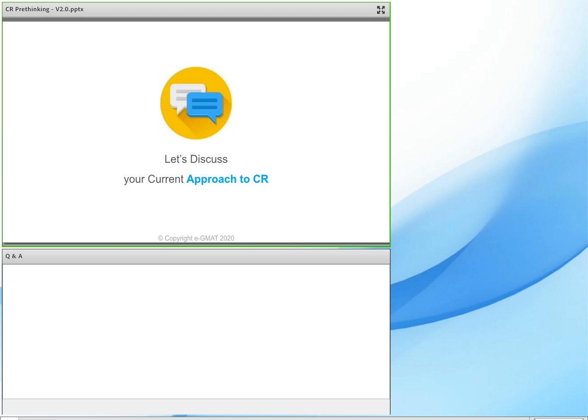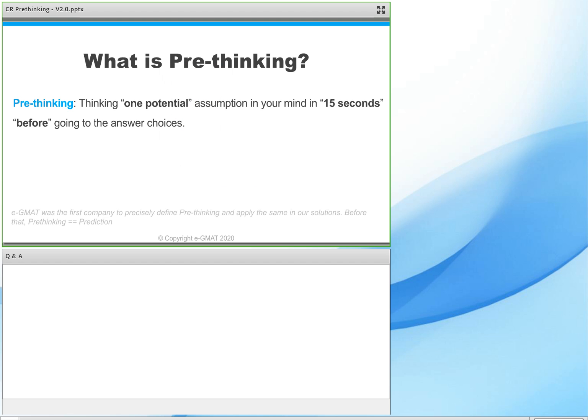There are 2 ways in which people approach critical reasoning today, and I'm going to talk about both these methodologies on the following slide. But before that, let me talk about what pre-thinking is. Pre-thinking is thinking of one potential assumption in your mind in about 15 seconds before you look at your answer choices. There are a couple of definitions that I'm going to ask you to write down.